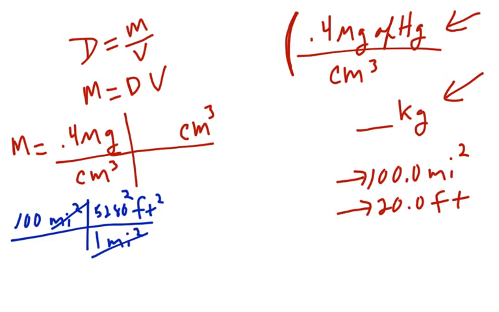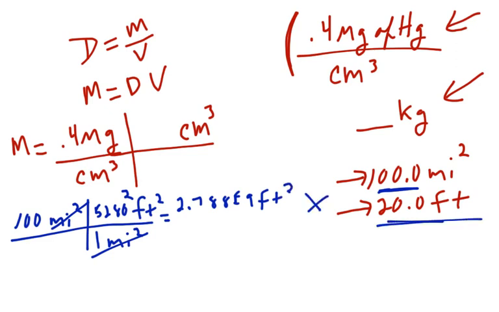and that's going to be a really big number. I would have to have 4 sig figs because the 100.0 has 4 sig figs in it. So I would have 2.788E9 square feet. Okay, now what I want to do is take that times my 20 feet depth to get cubic feet.